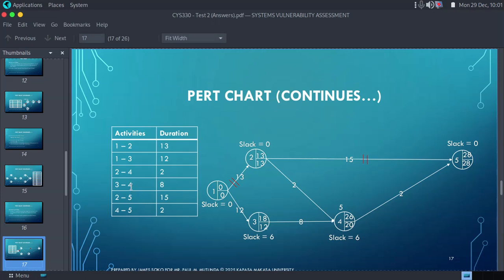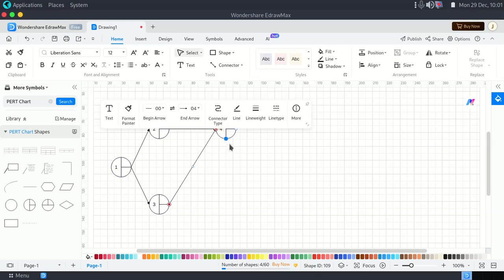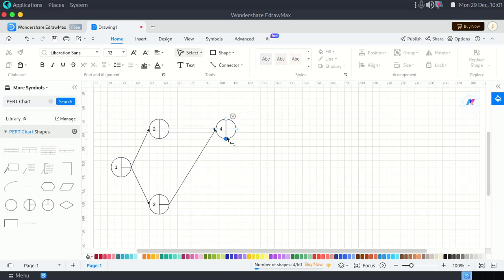Node 4 again is coming from node 3. So I go back in our Hydromax. This is node 3 and node 4 should also come from this node. We represent that with this. So we are simply saying node 4 is coming from both 2 and 3.